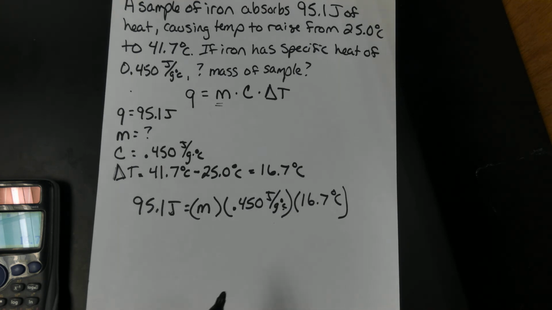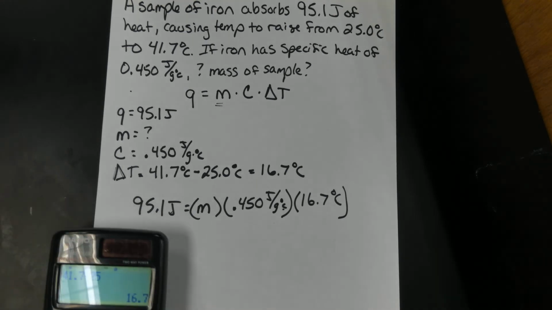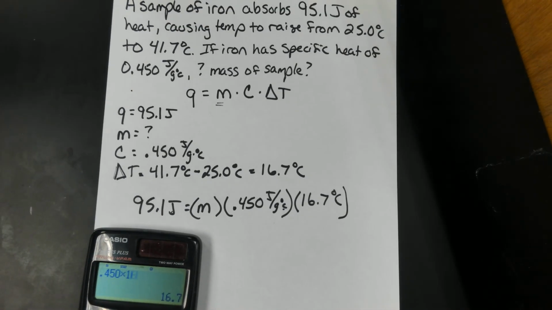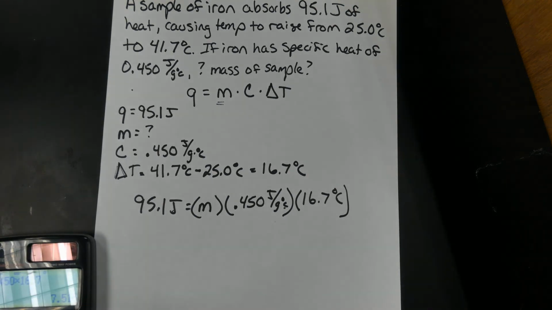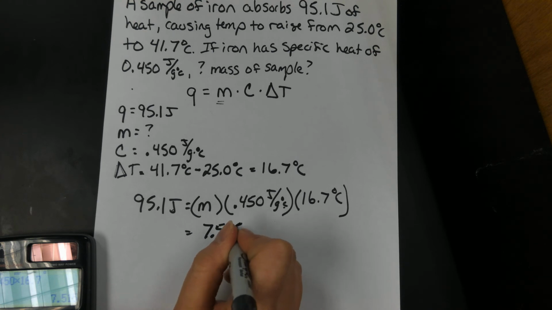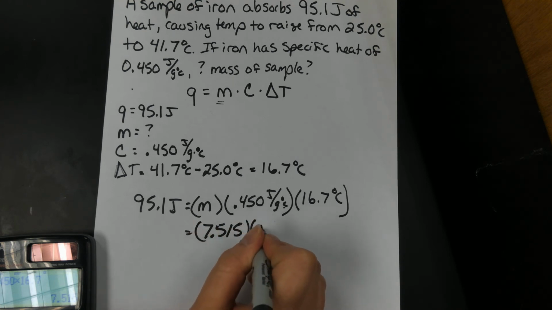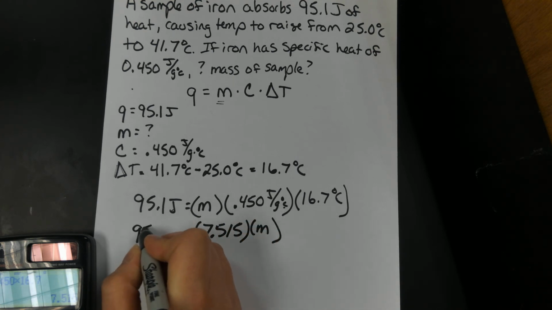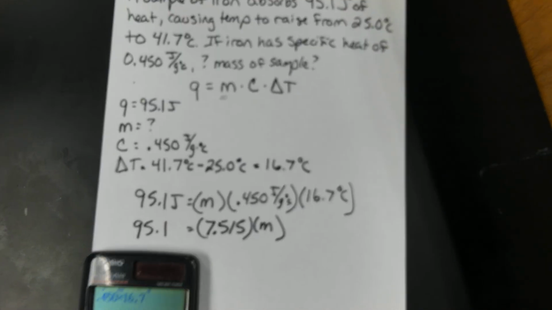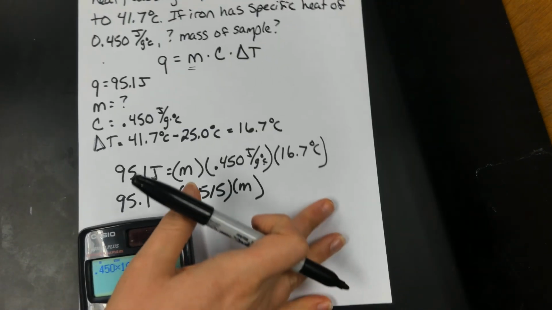So what we can do is multiply 0.450 times 16.7. I get 7.515 times M, and that equals 95.1. I'm not using units because I'm just doing the algebra portion of this right now.